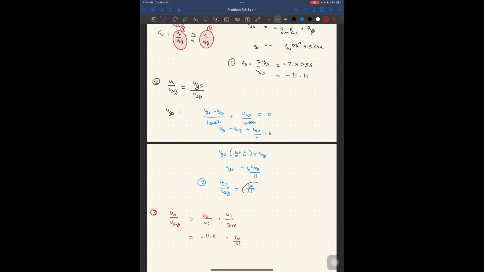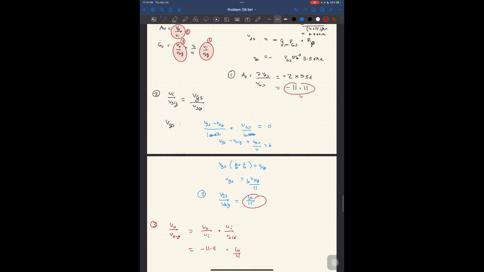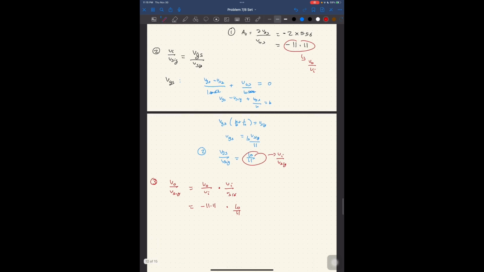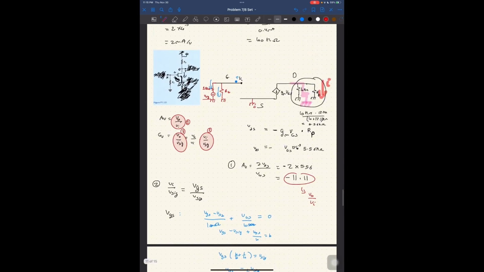Let's just make sure this is clear: VO over VI and VI over VSig. That should give us something around minus 10. Yeah, it's about negative 10.1, which is absolutely correct. Okay.